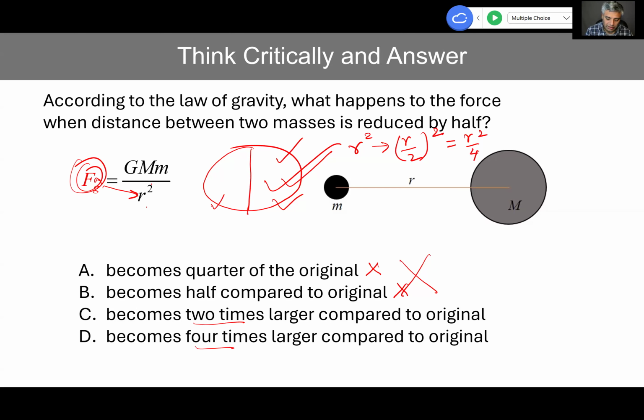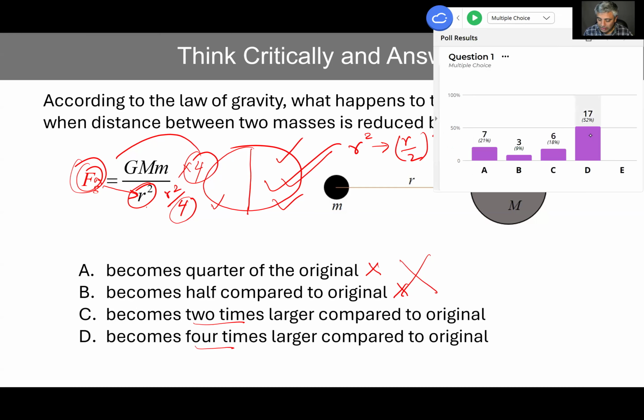This 4, being a fraction of a fraction, can be brought to the numerator. So that gives us 4 times more. Yes, D is the correct answer in this case.